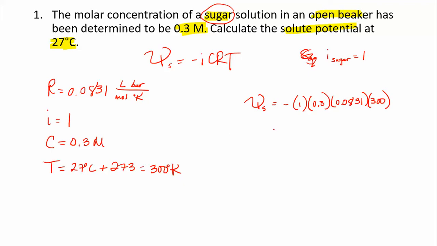My AP chemistry teacher would probably smack me on the head. He would be very unhappy with me right now, but we're saving time. So the calculation, when we stick it in a calculator, and like I said, cat noises, gives you negative 7.48 as our solute potential.